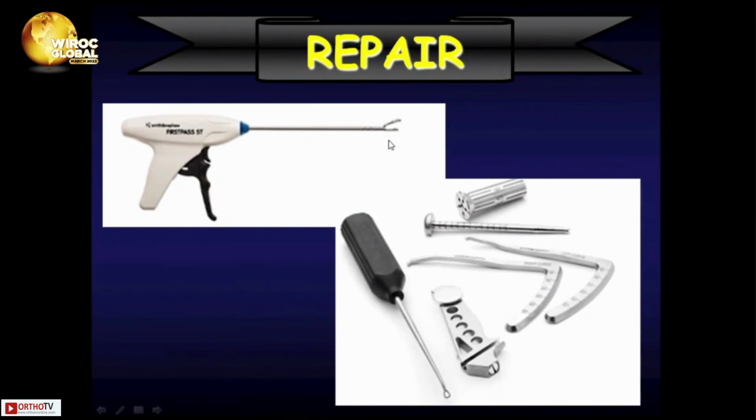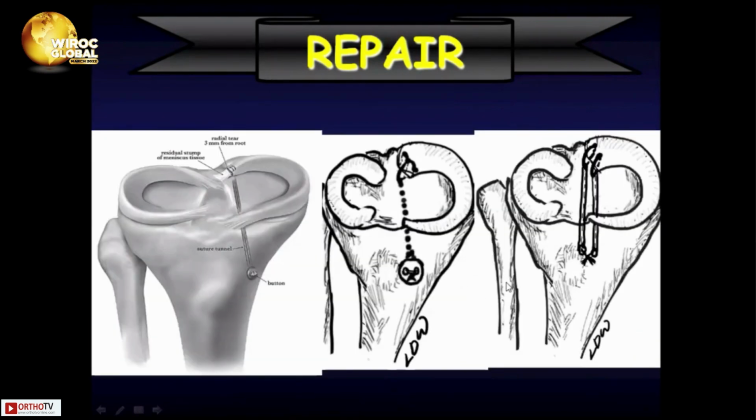This is a special knee scorpion, and of course the tunnels for the tibial tunnel, like the ACL reconstruction. In fact, we have the pull-out technique with 1 or 2 tunnels, and then we can stabilize the repair with a button, or with a post screw, or with a bone bridge.